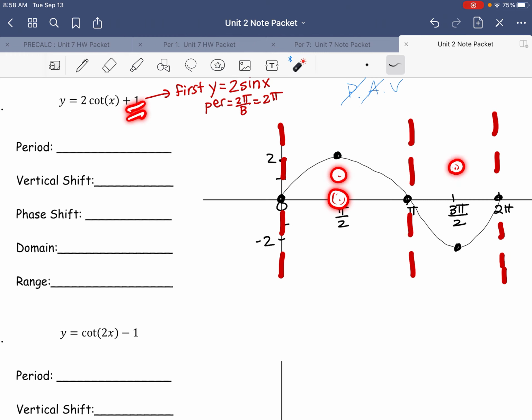I'm going to take this and move it up 1. So my new points are going to be up 1 here and up 1 here instead of being on the axis. Then we have to think we are graphing a cotan graph, which means as I move left to right, I go down. So it's going to look like this.